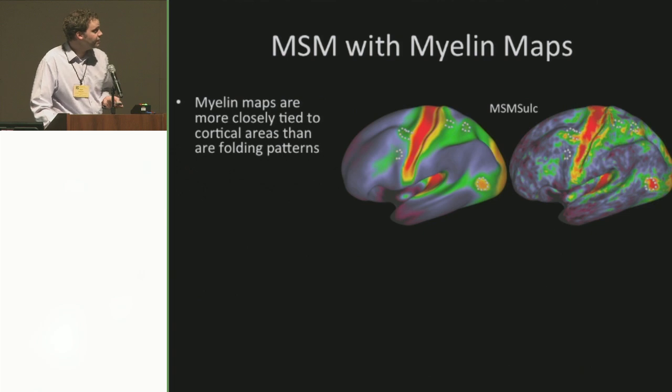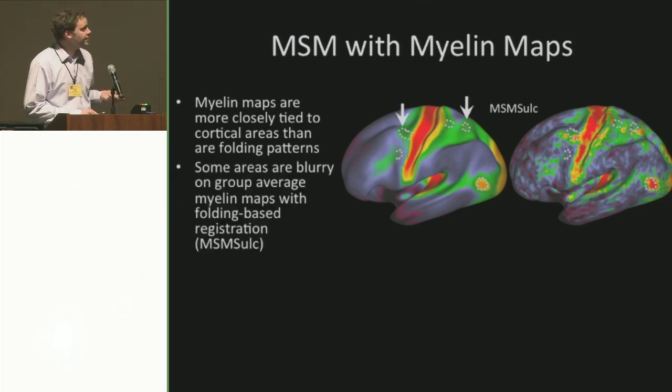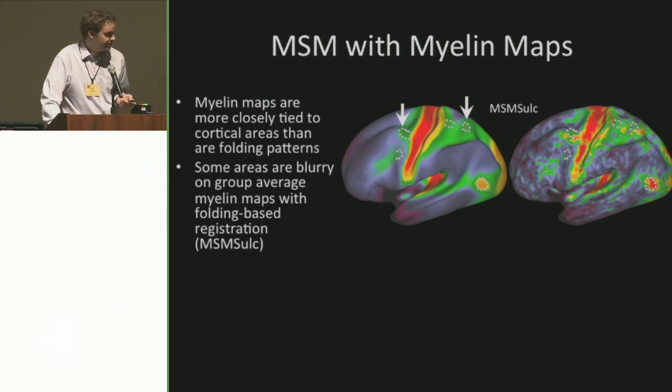As I said, the myelin maps are more closely tied to cortical areas than our folding patterns. This is a folding-based registration of myelin maps here. And we can see some areas are blurry on group average myelin maps registered with folding-based registration. As we're going to see in a second, all of these areas that are outlined by white dots are going to get sharper.